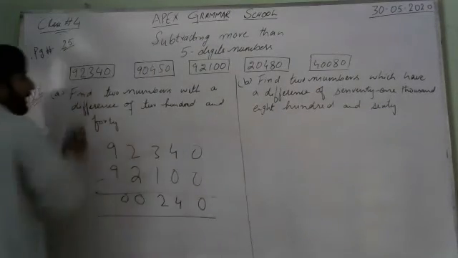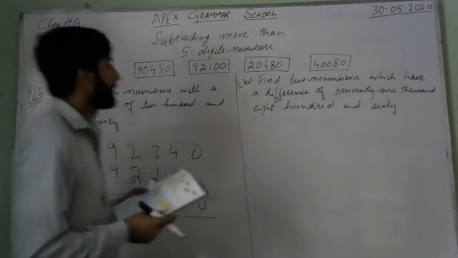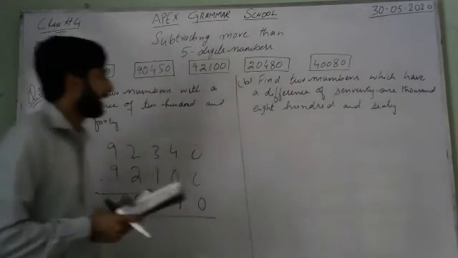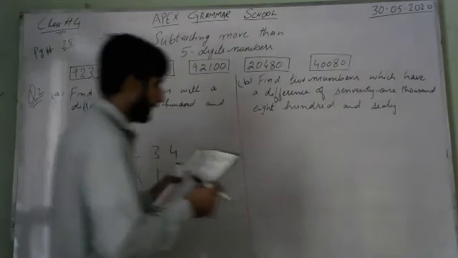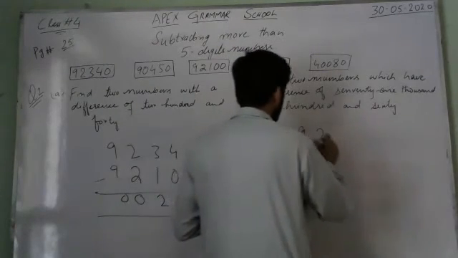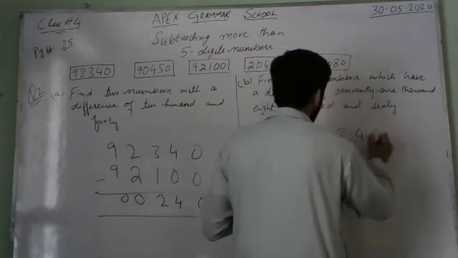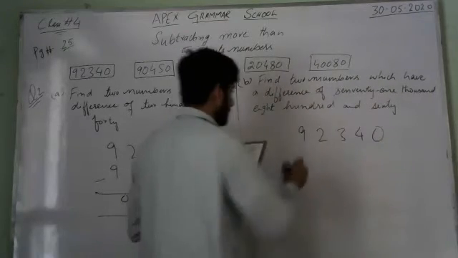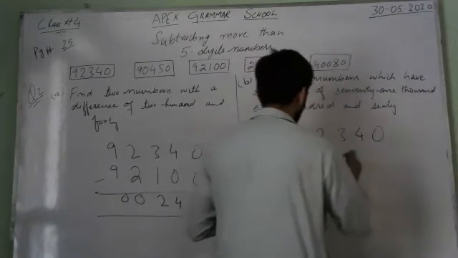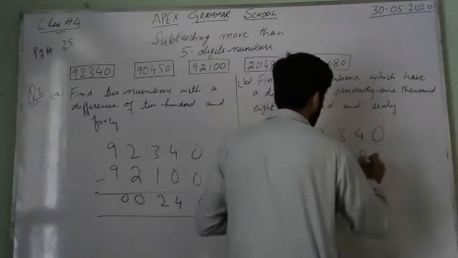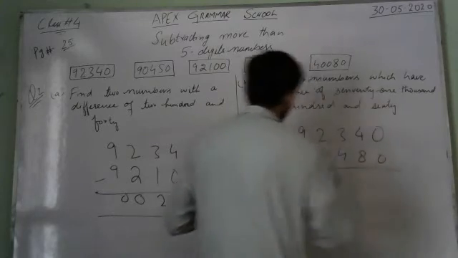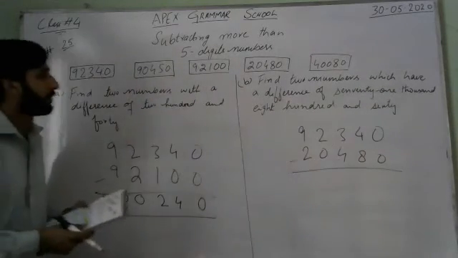From these numbers, we have to find out the two numbers which have a difference of 71,860. The first number is 92340, and the next is 20480. After subtracting these two numbers, we will get our answer.